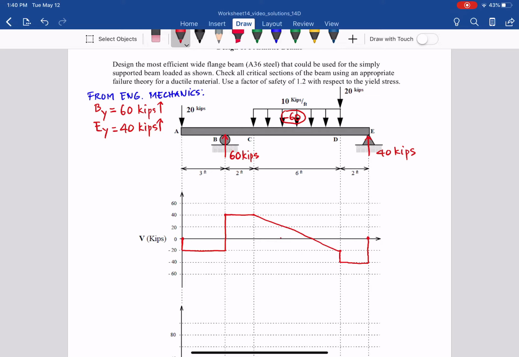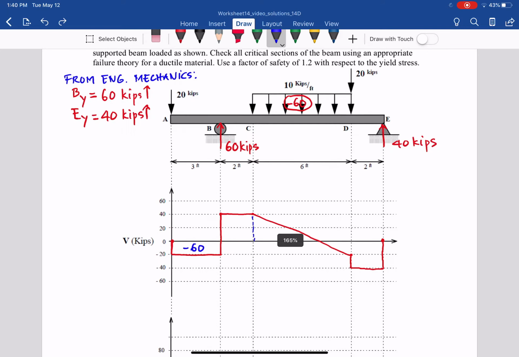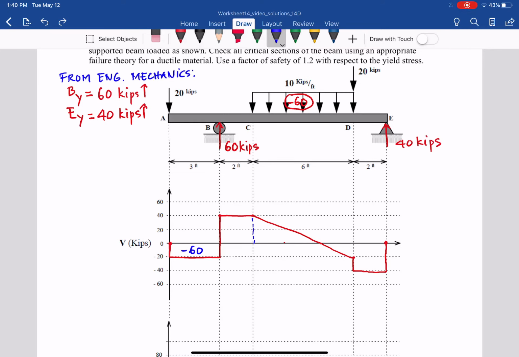Then from that we can find the areas under the shear curve. Between A and B we have negative 60 for that area. And between B and C we have 2 times 40, so we have plus 80.